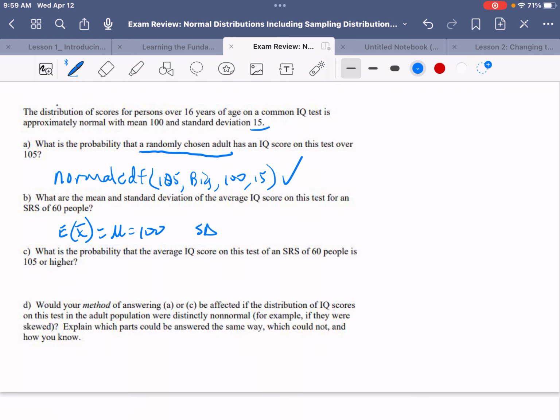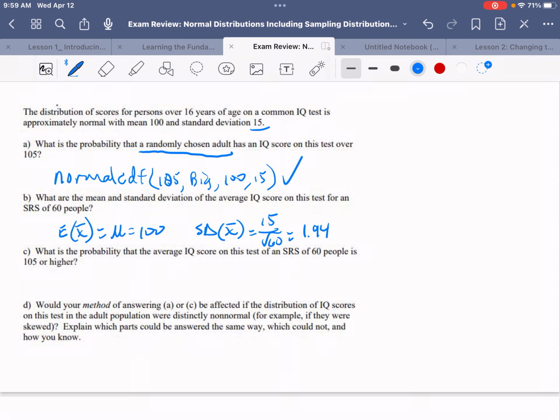The standard deviation of X bar is sigma over the square root of n, so 15 divided by the square root of 60 is 1.94-ish.